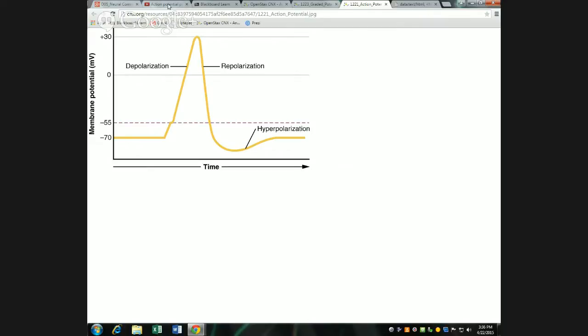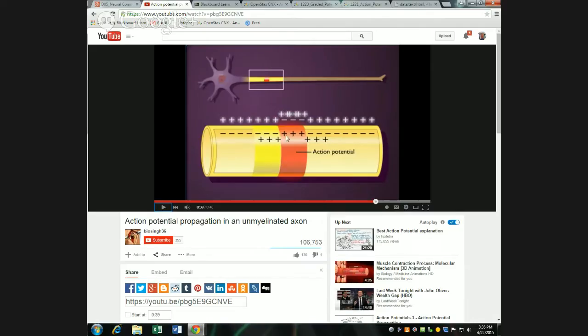So back to the video here. What they're saying at this point is sodium's rushing into the axon at this point, and it diffuses in both directions. But when it diffuses back this way, it doesn't help this part of the axon, which is in the absolute refractory period.